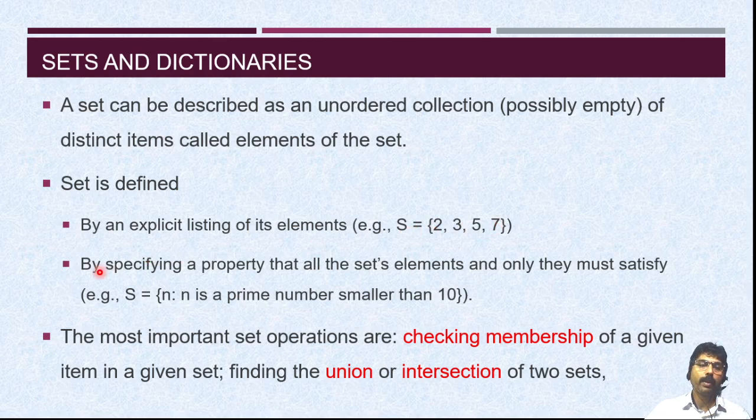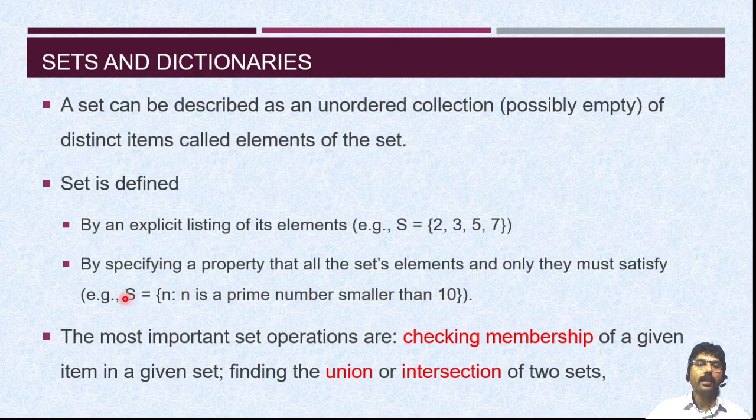One more way of specifying the set is by specifying its property, and each element in this set must satisfy that property. For example, S is equal to {n | n is a prime number smaller than 10}.